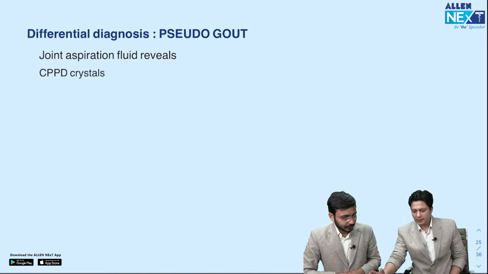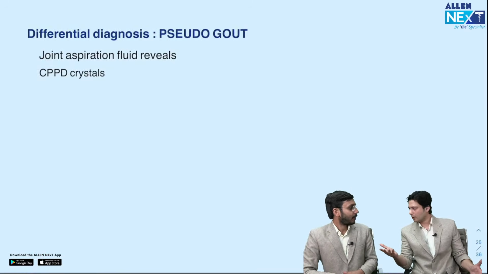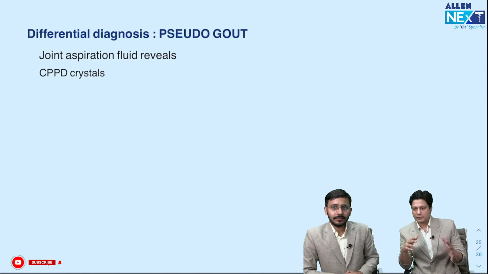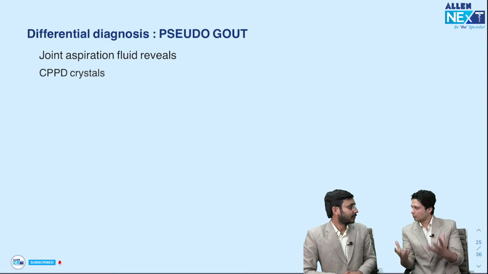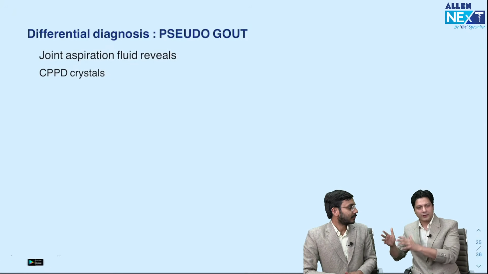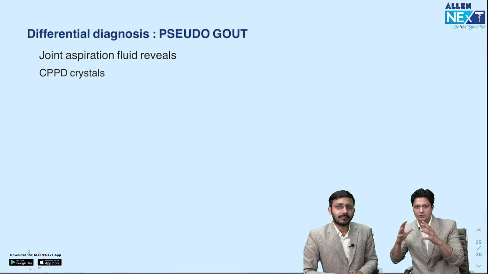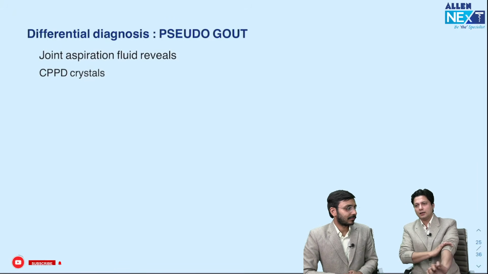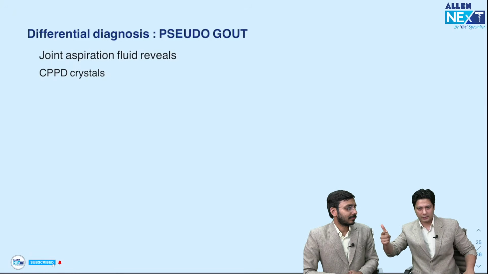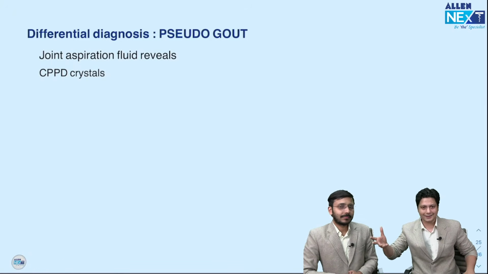Very well explained, sir. As far as another differential is concerned, pseudo-gout. Right, sir, practically, based on the clinical features only, it is almost impossible to distinguish primary osteoarthritis and pseudo-gout, because both of them are degenerative arthropathy of the large joint, and both favor the elderly, because it is more commonly seen in the elderly.